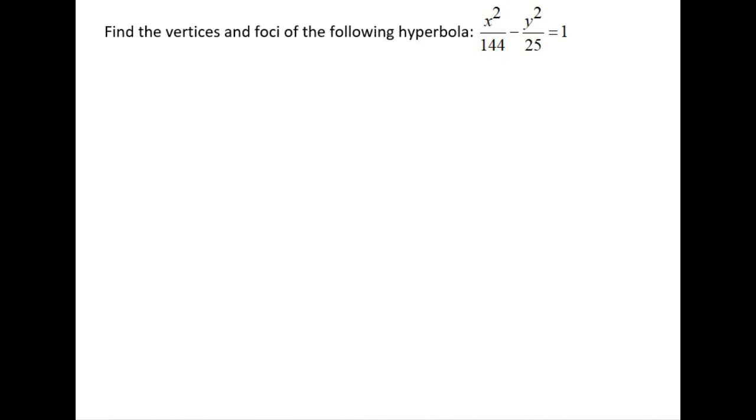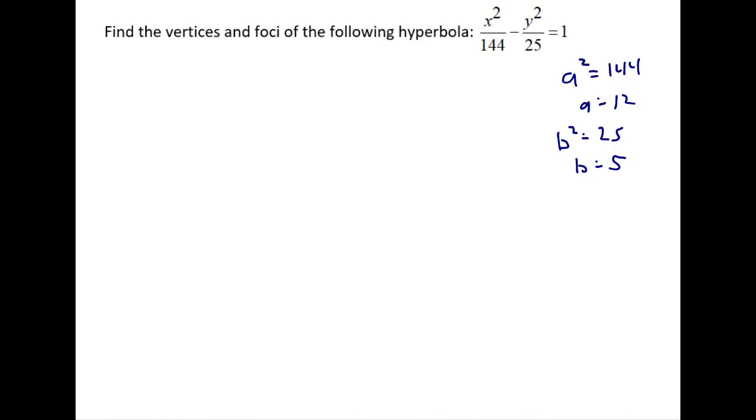Here y squared is negative, so the denominator of that term is always going to be b squared. So here a squared is 144, so now we know that a is equal to 12. Similarly, b squared is equal to 25, so b is equal to 5.